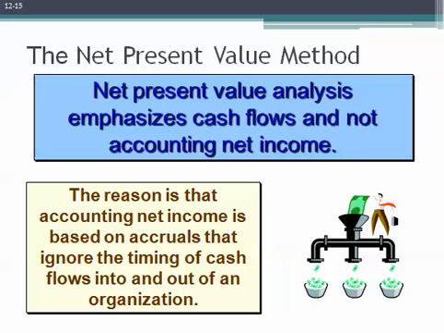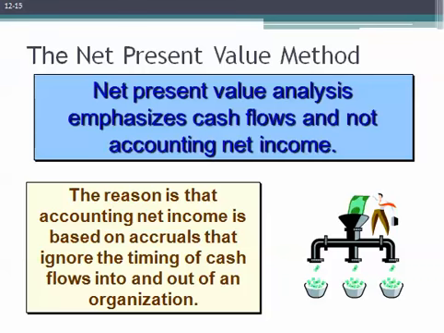We don't have cash until we actually collect the accounts receivable. On the expense side, we could purchase inventory and spend cash, but until we actually sell that inventory and match that cost with the revenues it's generated, we won't record an expense. Another example would be depreciation expense. It reduces net income, but does not involve a cash outflow.